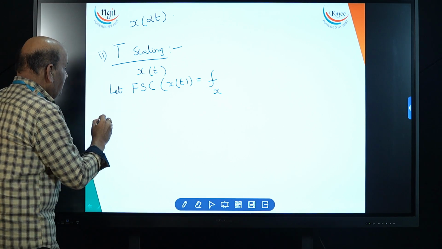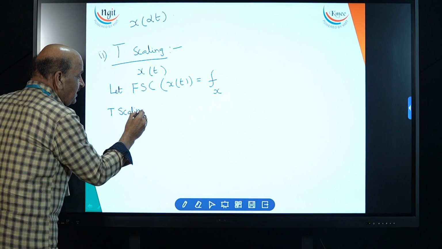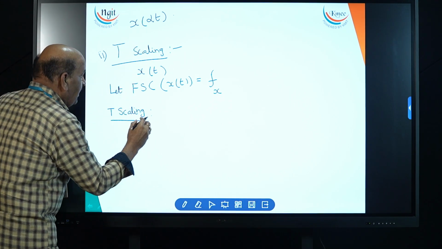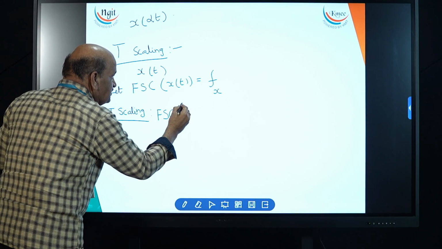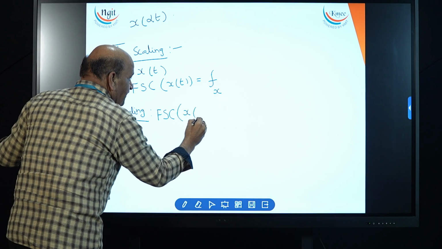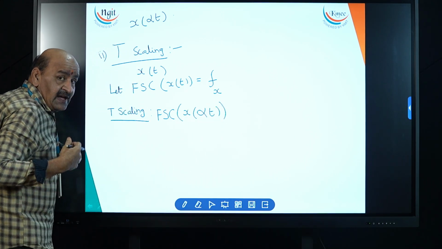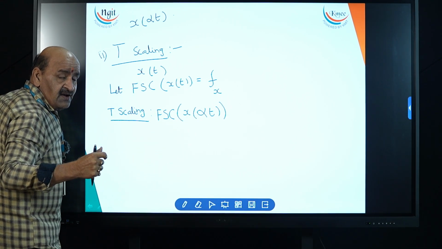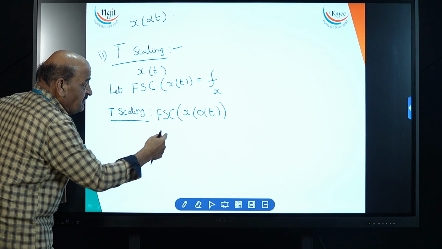Now what is time scaling? For time scaling what do we need? Alpha. So now Fourier series coefficient of x of alpha t. Now just look at where am I keeping alpha? I am keeping alpha as a scaling factor which is multiplying the time variable t, alpha t.